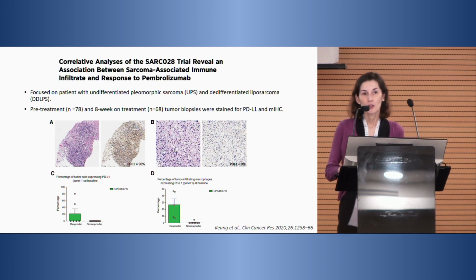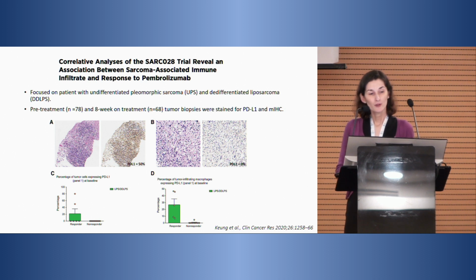Although it was a negative trial, what was important was the translational study that was done on the samples. So for the patients who had either stable disease or the subgroups, the undifferentiated pleomorphic sarcoma and dedifferentiated liposarcoma patients, which were kind of the more responsive subcohort in the study, they have looked at the immune microenvironment in their tumor to see if we can understand why some of these patients have responded and why some of them haven't.